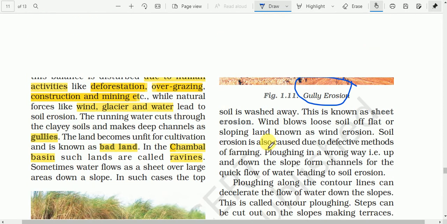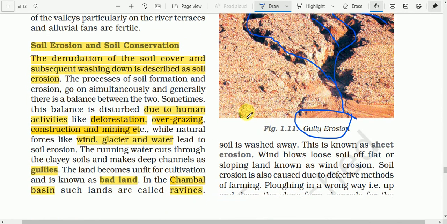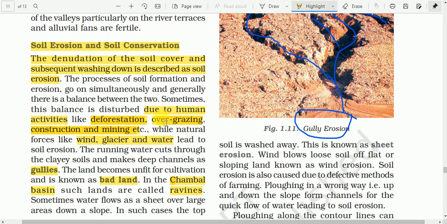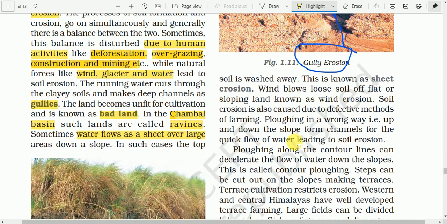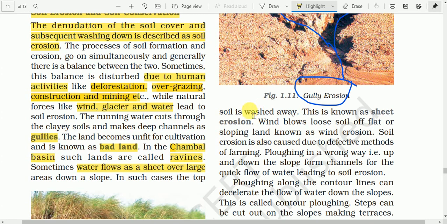We have another type of soil erosion, as we have already read. Sometimes water flows as a sheet over large areas down the slope. In such cases, the topsoil is washed away, and this is known as sheet erosion.